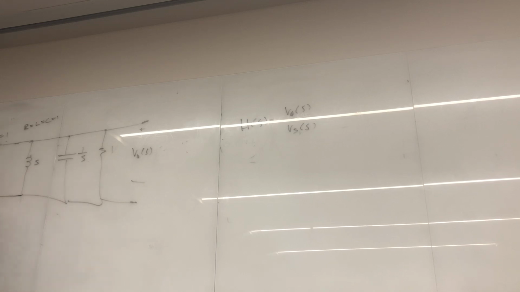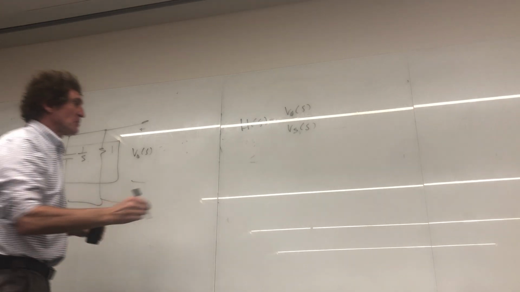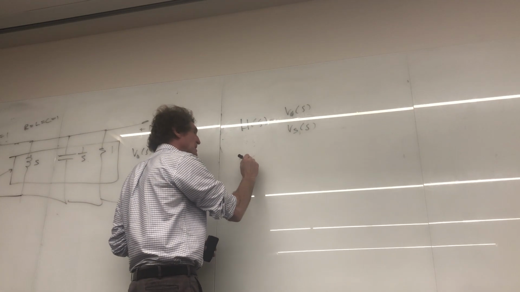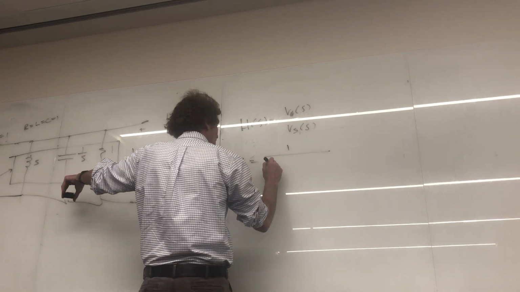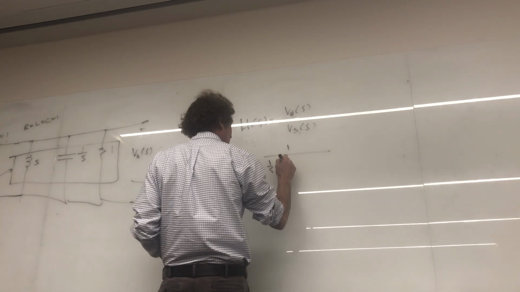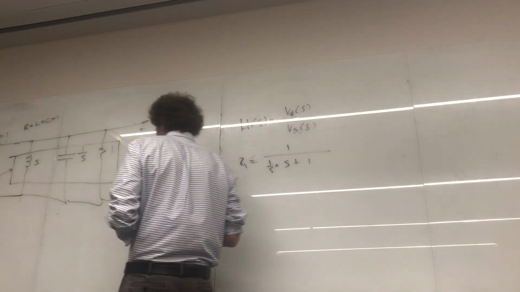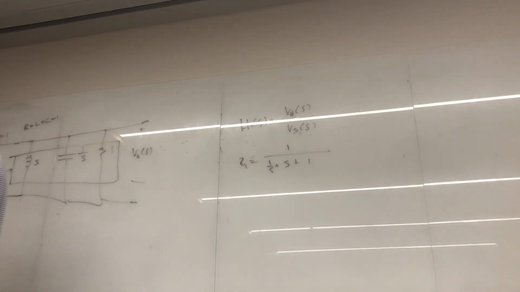I highly recommend you take my advice on this one. Box these parallel things. They're all in parallel, and just call that Z1 for lack of a better term. Z1 therefore is equal to 1 over the first value, or 1 over S, plus 1 over the second value, or S plus 1 over the third impedance. I just take the impedances and invert it.